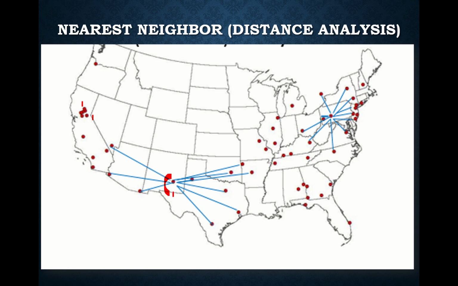You want to run a nearest neighbor analysis, right? It's basically measuring the distance between that point and a certain number of the nearest points around it, and you can compare that to the distances between that point and its nearest neighbors around it.